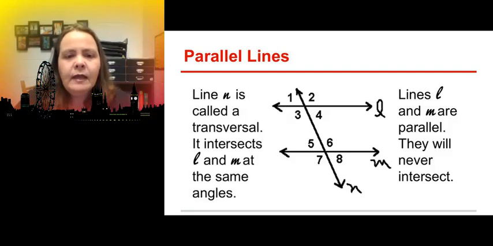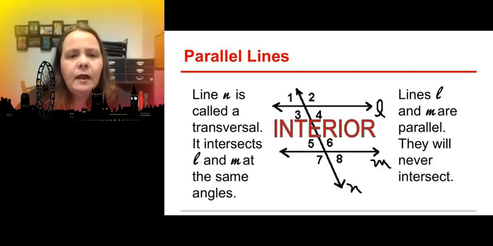Because L and M are parallel, when N cuts through them, it creates two sets of angles, and there are special relationships about those angles where a lot of them are the same because N is going to create the same kind of angle when it hits L and M. So let's look at those relationships.